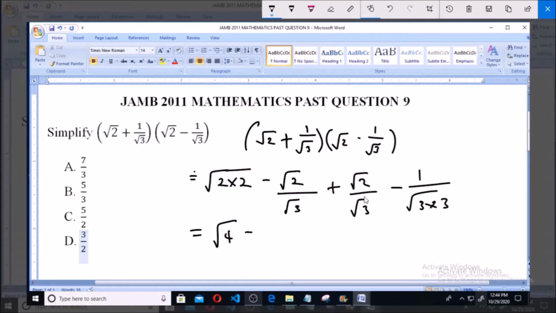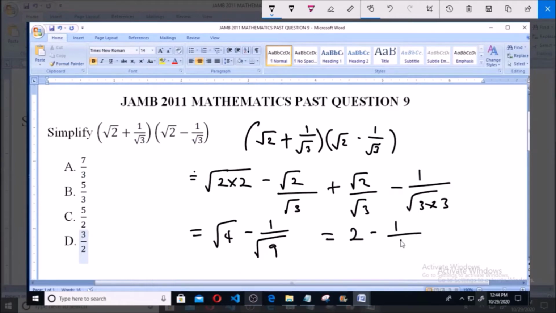So we have minus 1 over √3 multiplied by √3, and that will be √9.